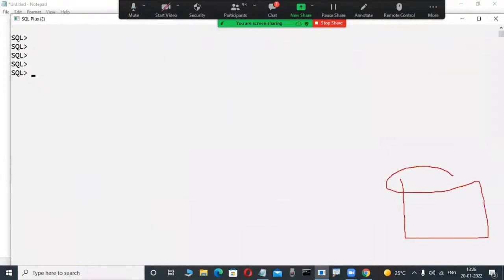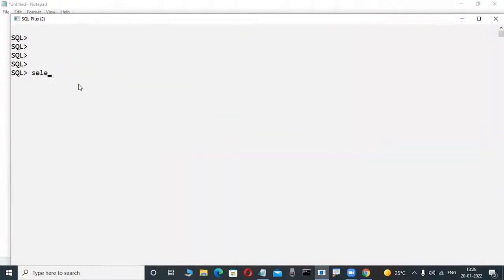Here the SQL programmer has the data. How do they fetch it? They write queries. Select star from table name where hire date is less than or equal to 1st January 1981, like this.